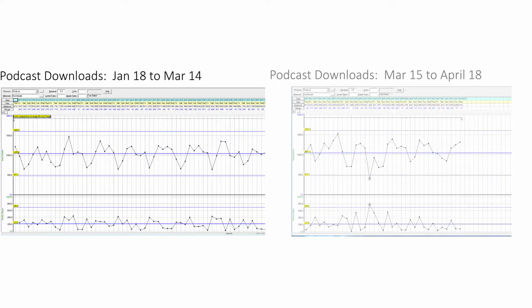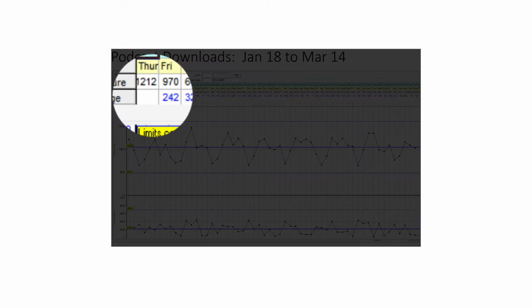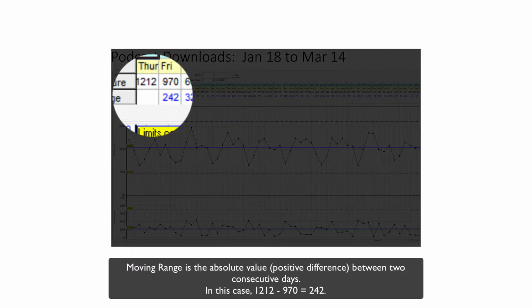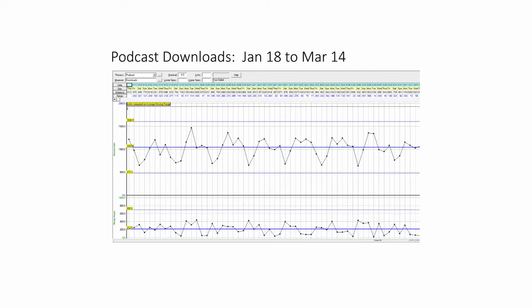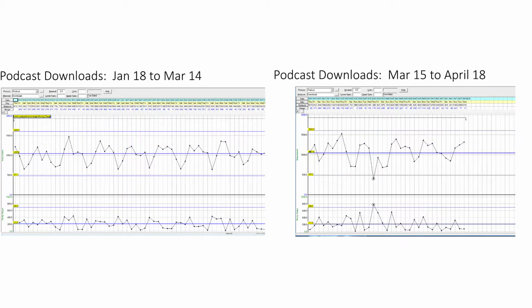That accompanying chart is called the moving range, and the moving range measures how much difference there is day after day after day. So between the first 2 values, you get a moving range, and between the second and third values, you get a moving range. So you get to see how much change happens from one day to the next.